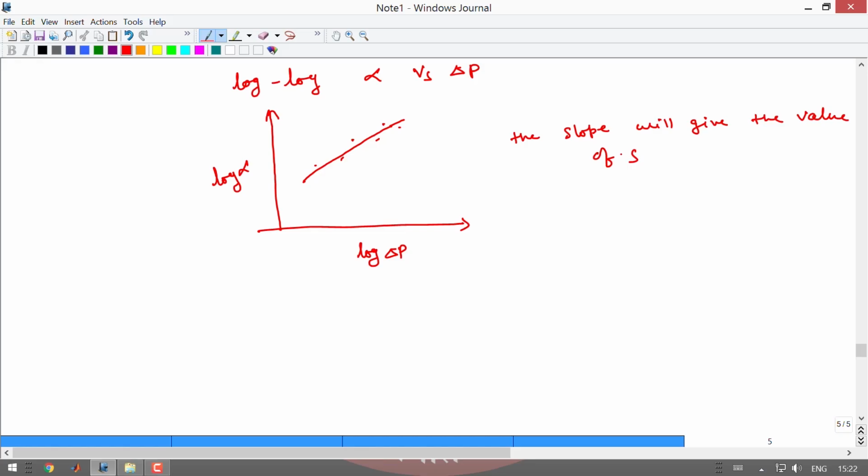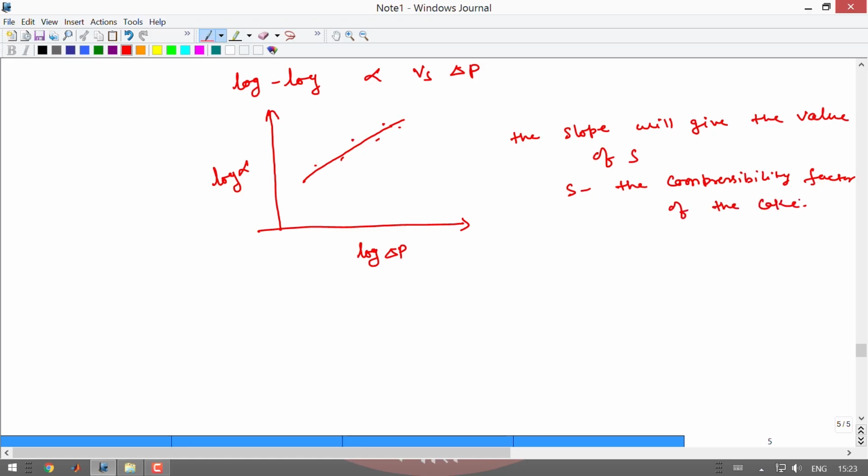For varying pressure drop, the cake is not incompressible. Oh, sorry. This S is the compressibility factor of the cake.